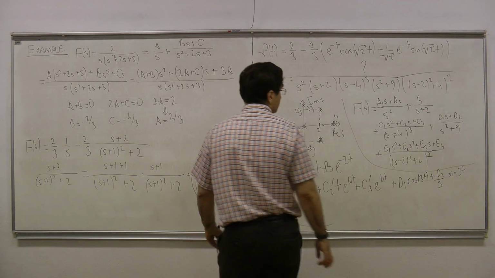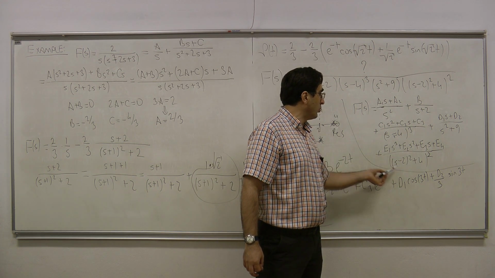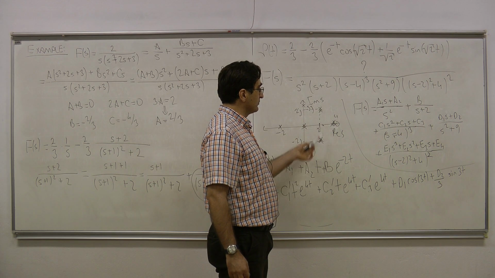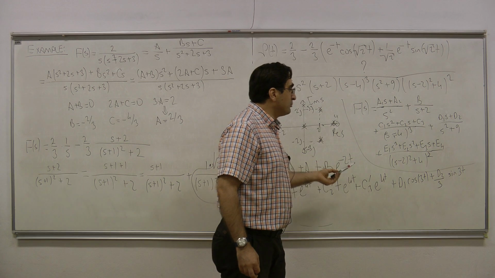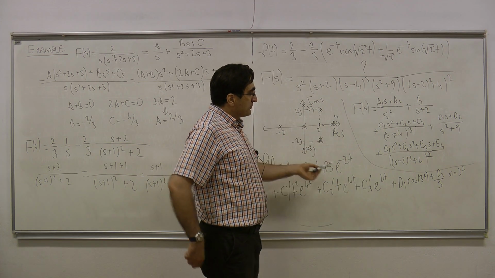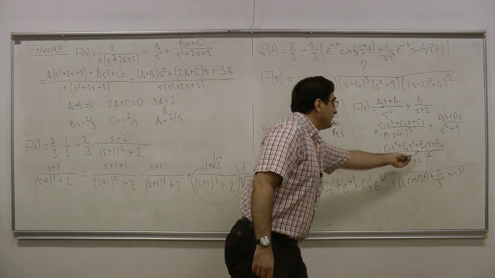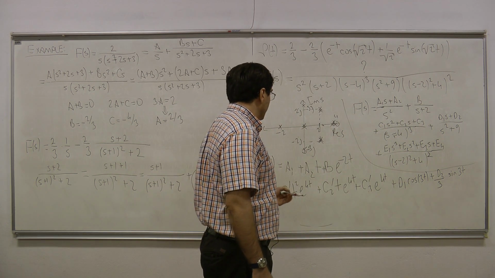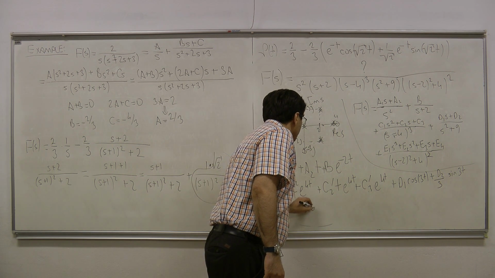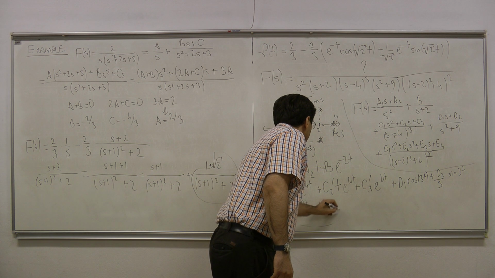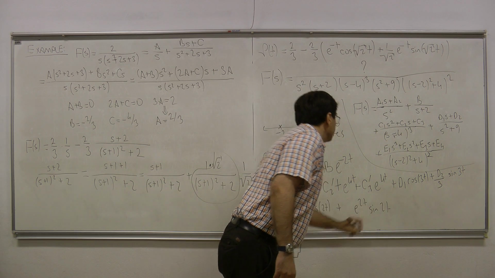And what about the rest? I have complex poles at these locations which are repeated twice. Okay? And what type of terms? Because of the repetition here, if this 2 was not here, then what would I have? In that case, I would have e to the 2t cosine 2t plus e to the 2t sine 2t.